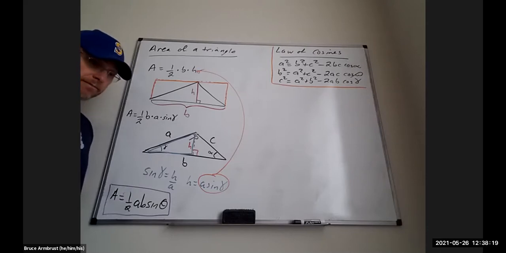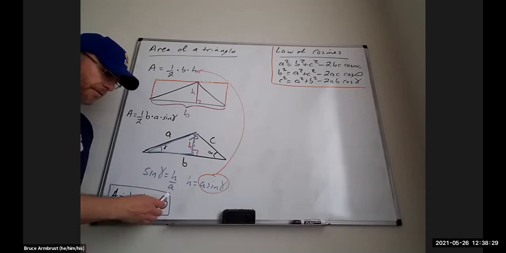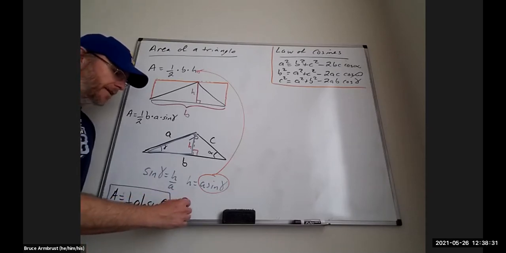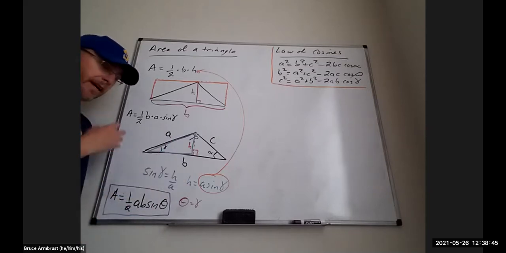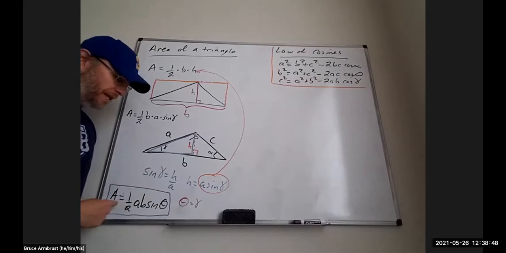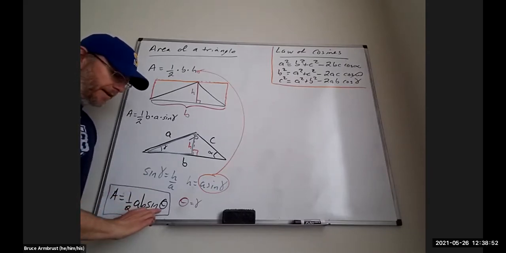But that's your area. So would my theta be C in this equation? Your theta is gamma. Theta is the same angle as gamma. So if I did 1/2 AC sine of angle B? Yeah, you can do this with any of them. My recommendation is don't get hung up on the names, the letter names for angles.